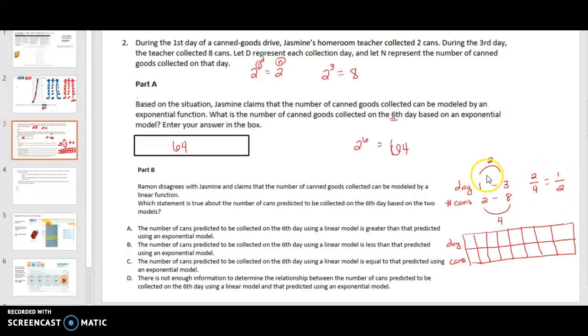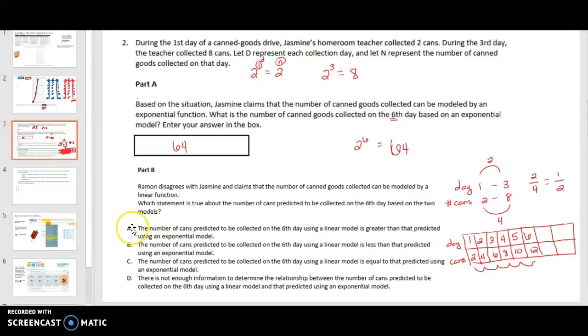I just simplified our slope. For example, on day 1, we had 2 cans. These are days 4, 5, and 6. Now to go this way, every day we're going to add 2 cans. So 4, 6, 8, 10, and 12. So here it is saying on the 6th day, if we use a linear model, we would have collected 12 cans.